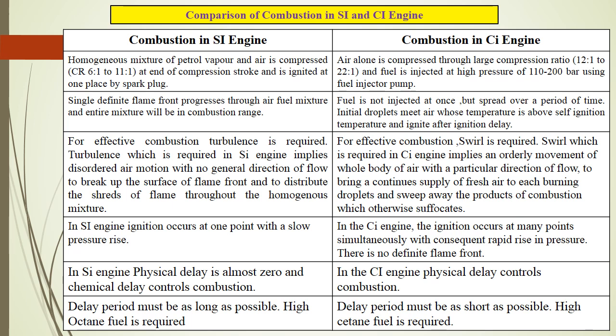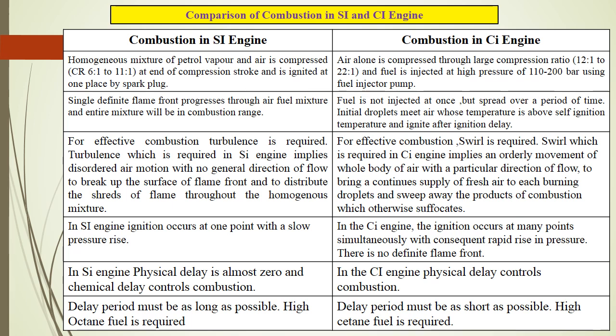Second, in the SI engine there is a single definite flame which is initiated by the spark and propagates in the mixture, and the entire mixture is burned by that single definite flame. But in the combustion chamber of a CI engine, there is no such single flame.